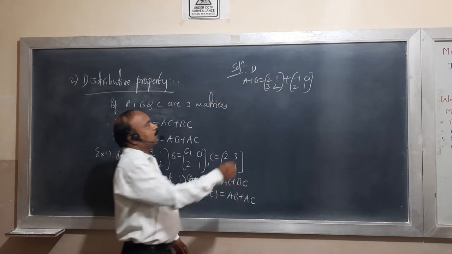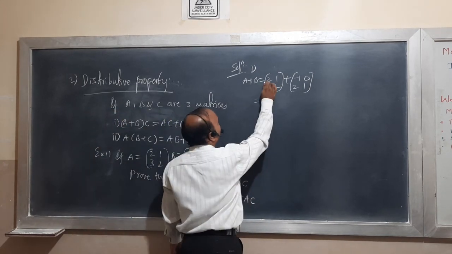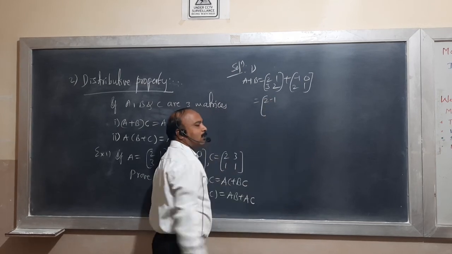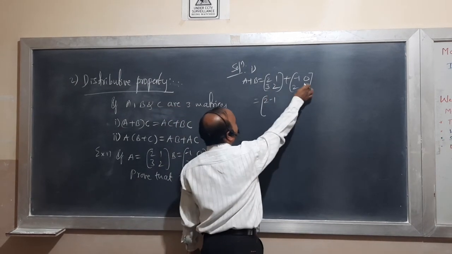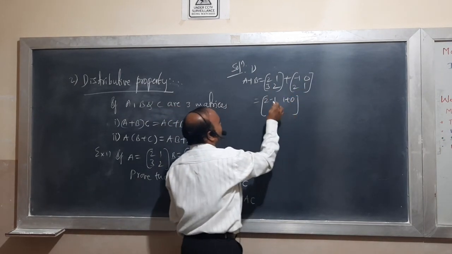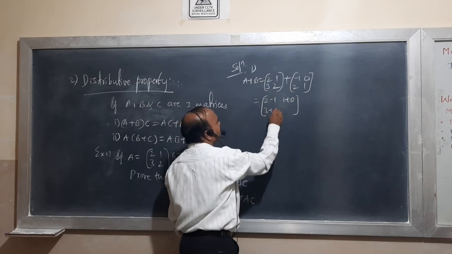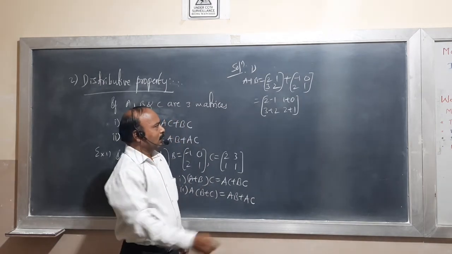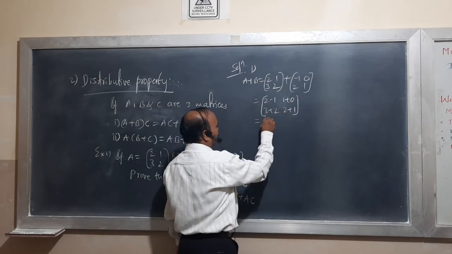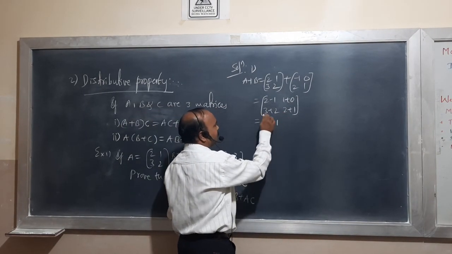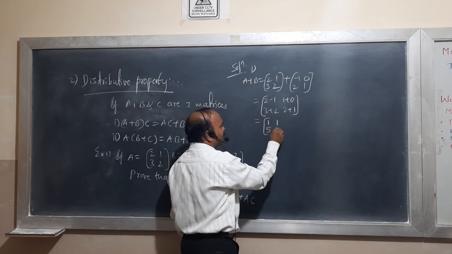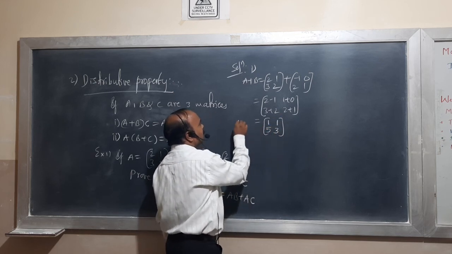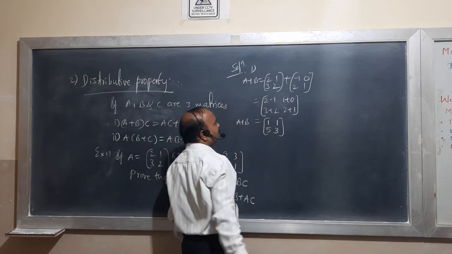Now we add the corresponding elements: 2 minus 1, next 1 plus 0, next 3 plus 2, it is 2 plus 1. Now you get [1, 1; 5, 3]. It is the value of A plus B.